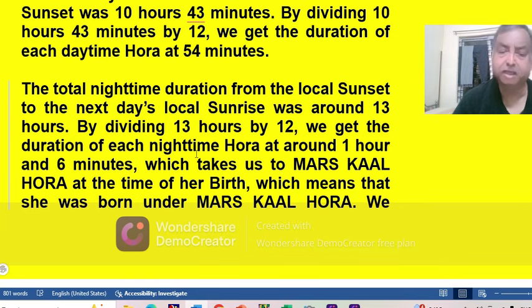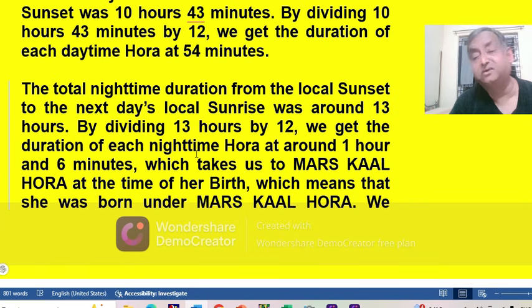By dividing 13 hours by 12, we get the duration of each nighttime hora at 1 hour and 6 minutes, which takes us to Mars Kaal Hora at the time of the birth of Srimati Indira Gandhi, which means that she was born under Mars Kaal Hora.